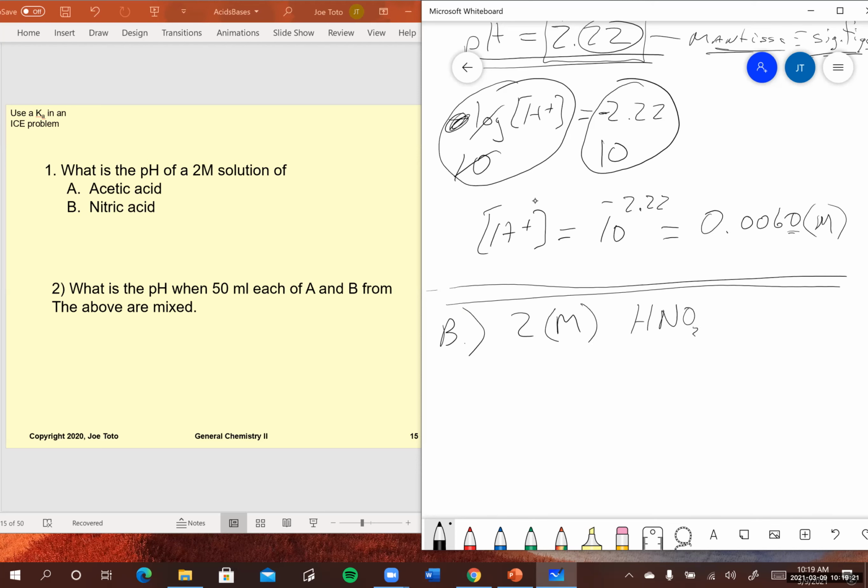You'd do the same thing. You'd find a Ka value and then relate it to the equilibrium. Okay, so if we try that approach, we're going to try the same thing. What is the Ka? Can I find the Ka of HNO3? Anybody find that in their textbook or online?